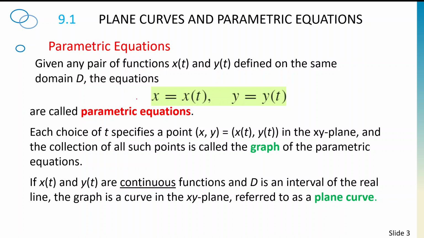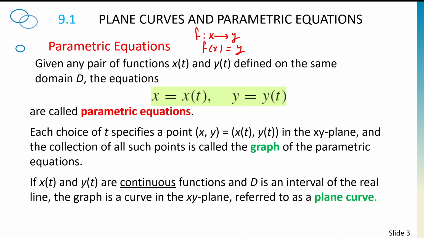Now, to understand parametric equations, we need just to think about our original function that we know, which is the mapping f of x takes x to y. And we usually say that f of x equals y.